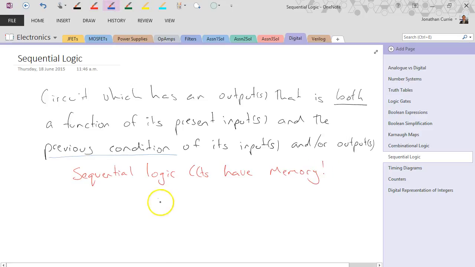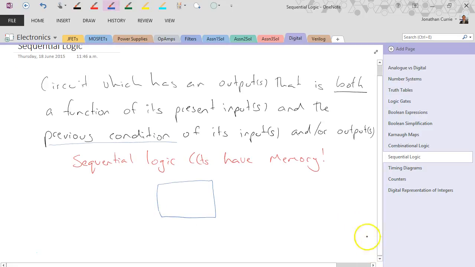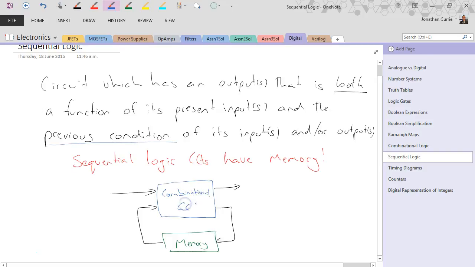So drawn as a block, a combinational logic circuit on top with some memory, some outputs, or it could even be some inputs added back in, so there's our combinational circuit, and there's our memory.